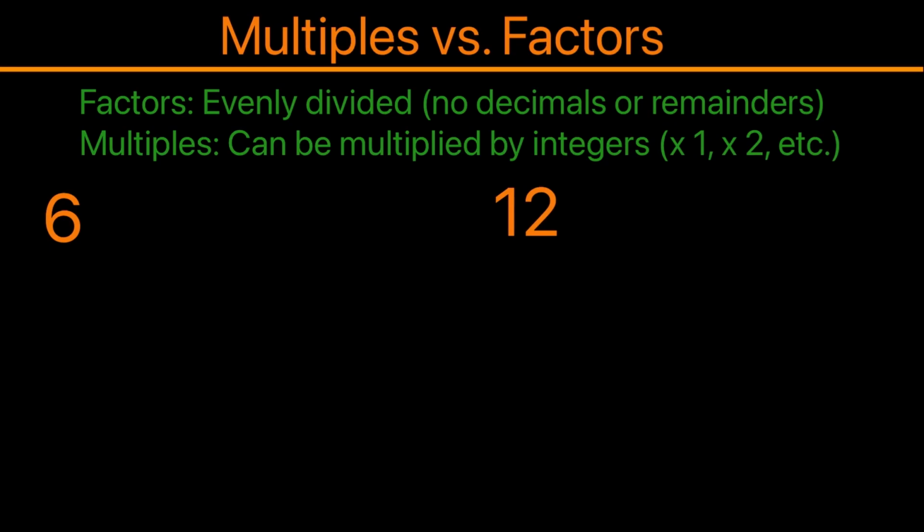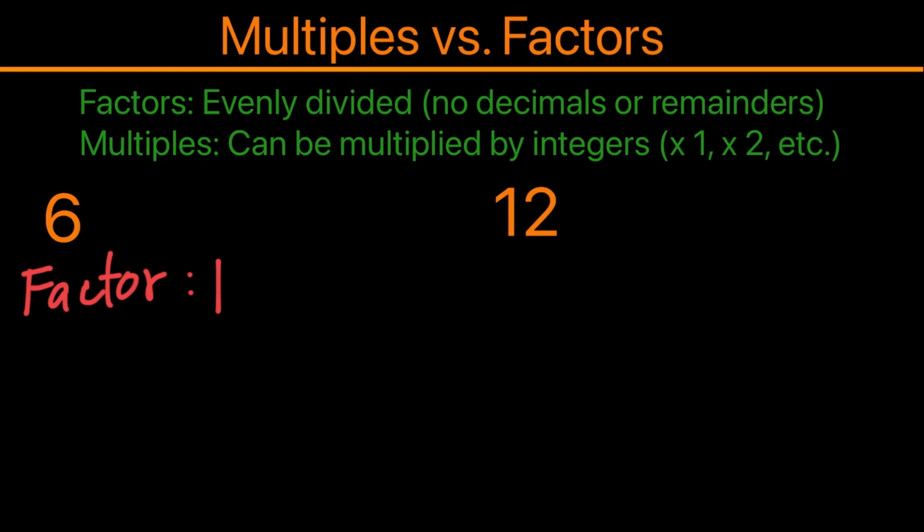We're going to go through two examples here. The first one is the number 6. So we'll first find out what is the factor of 6. When finding out the factor, we always want to start with the number 1.